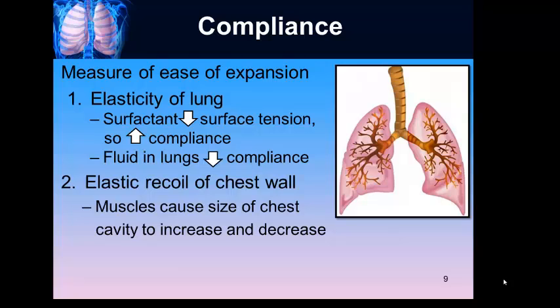There is an optimal compliance range where the lungs expand and recoil best, allowing for normal tidal volumes in gas diffusion areas. The muscles also participate in compliance. For example, the elastic recoil of the chest wall is dependent on an ability of the muscles to increase and decrease the size of the chest cavity.